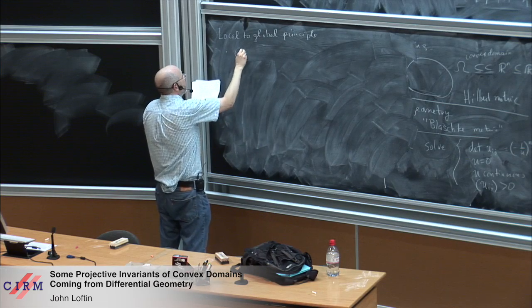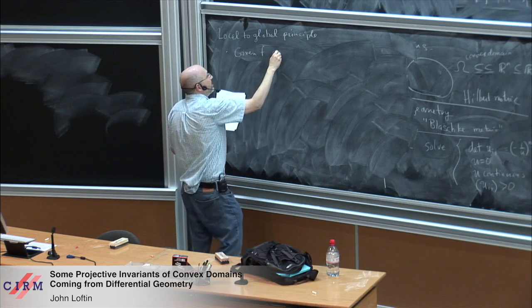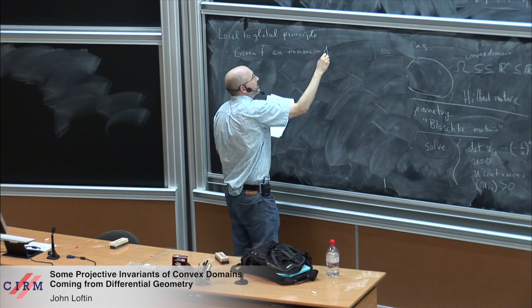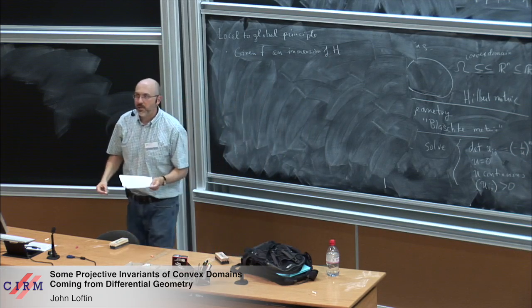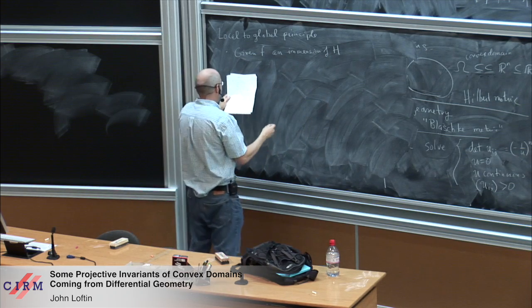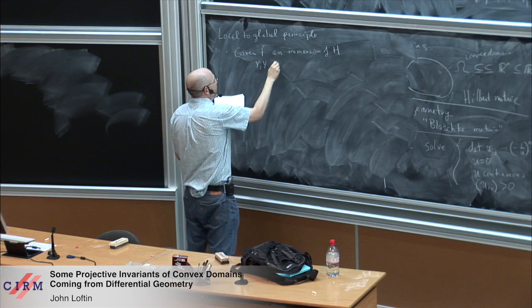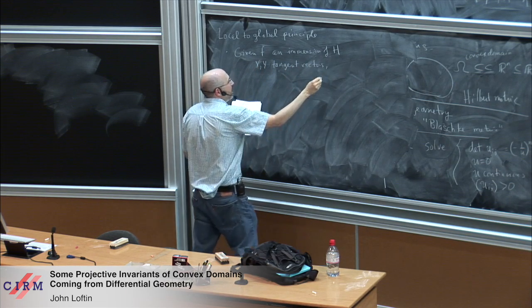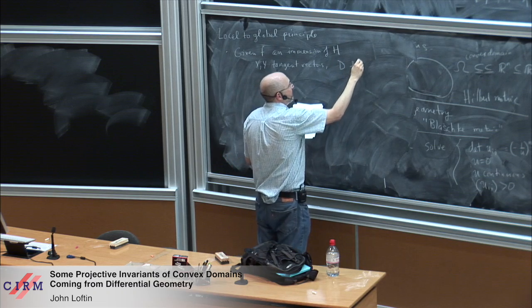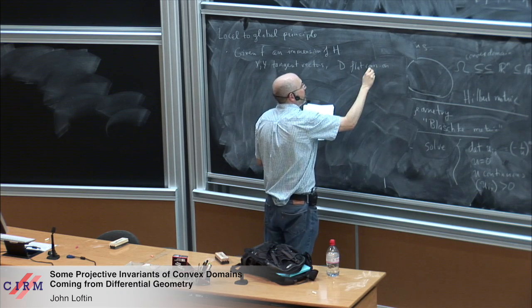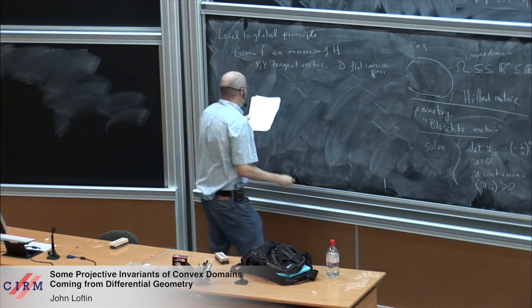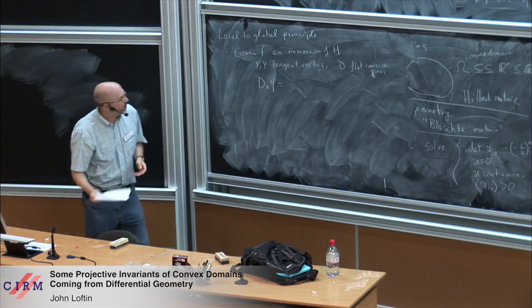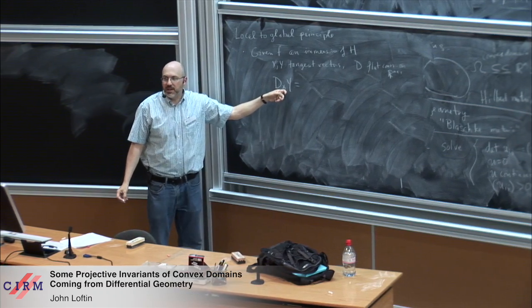So given f, an immersion of H, which is the hyperbolic affine sphere, and X and Y are tangent vectors, and D is the standard flat connection on R^{n+1}, then what you can do is consider... and there's a way of extending this so that it doesn't depend on choices.